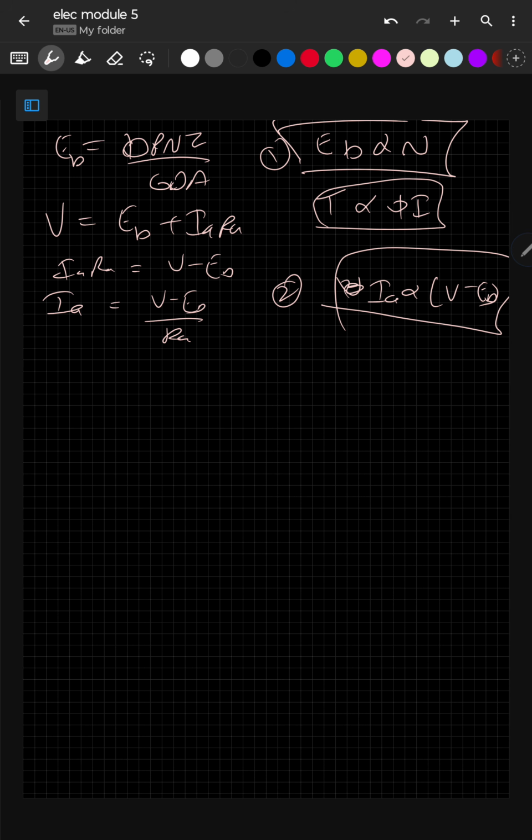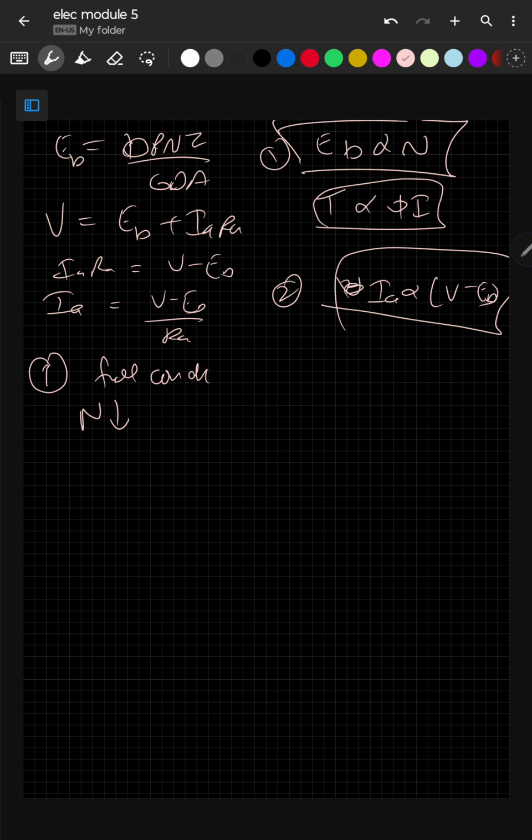From this, there are two cases. One is full load condition. When we suddenly add extra load on the shaft, the speed of the armature decreases.